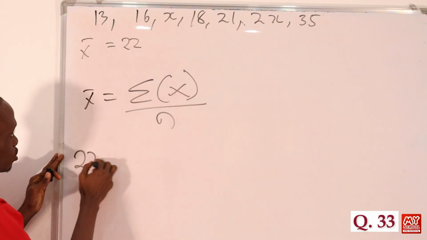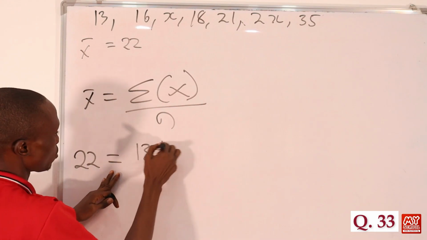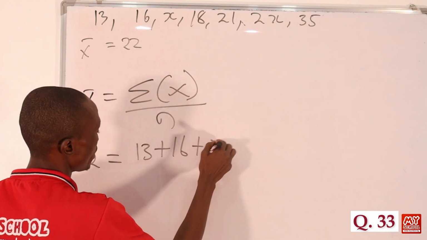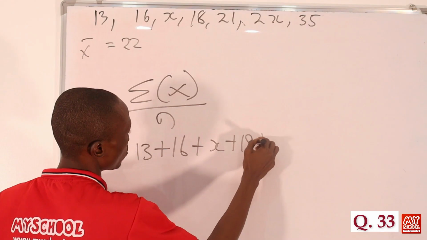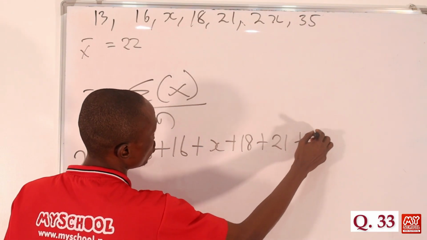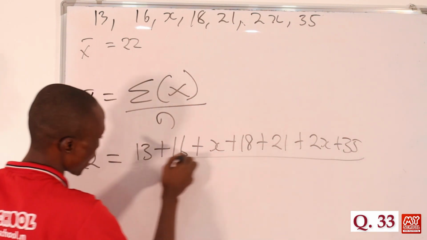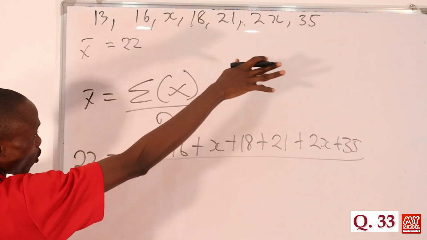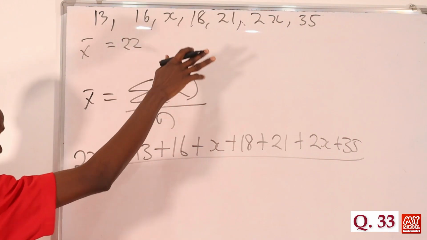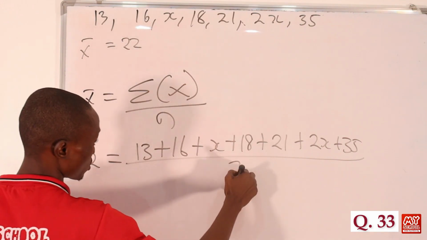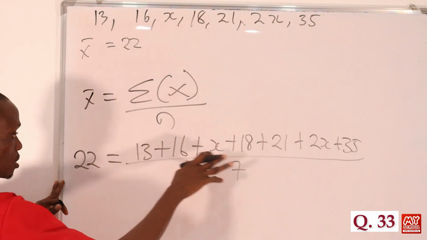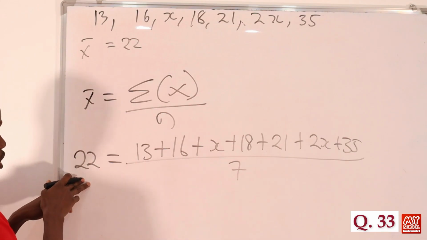So here we'll be having 22 equal to 13 plus 16 plus x plus 18 plus 21 plus 2x plus 35 divided by the number of the elements that are given to us. Okay, so here they are equal to 7, and the whole thing here is equal to 22, which is the mean, right?